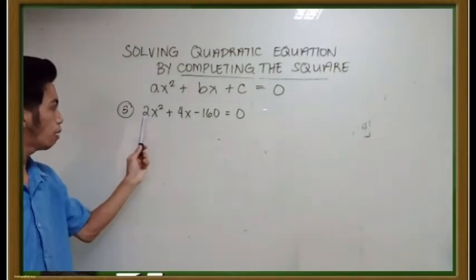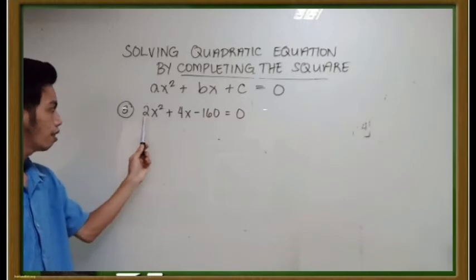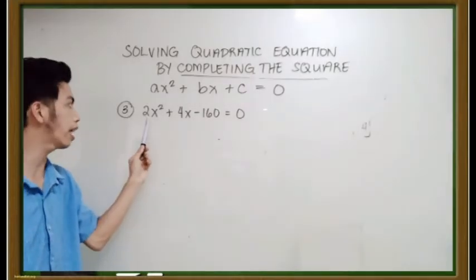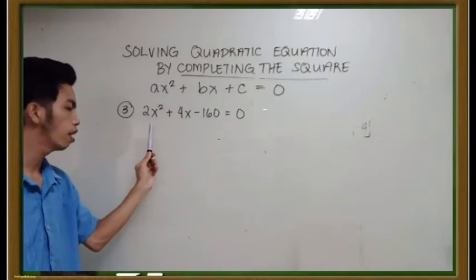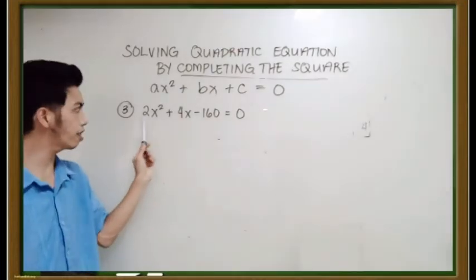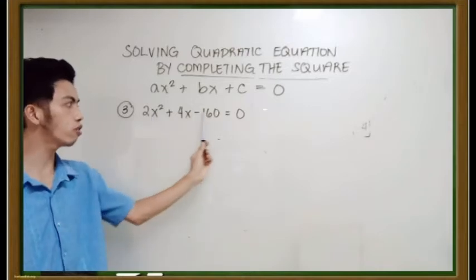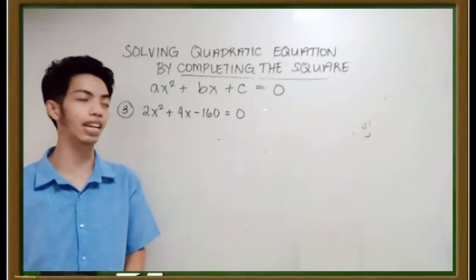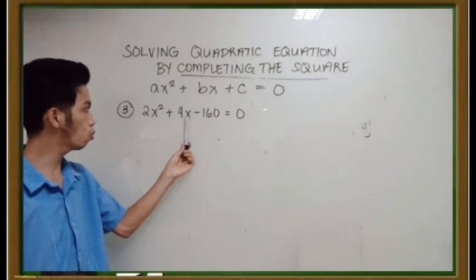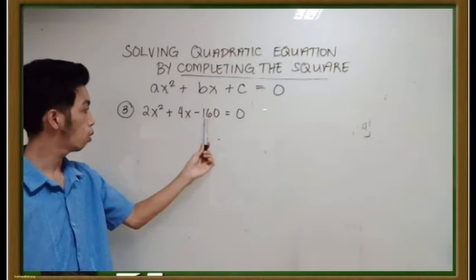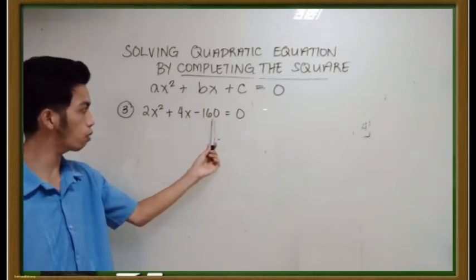Now, kung mapapansin nyo, this is divisible by 2, pwede siyang mawala kung i-divide natin siya sa 2. Now, hindi ka pwede mag-divide dito lang. Tingnan natin dun sa ibang term kung divisible din ba sila sa 2. 4x is divisible by 2. And then, 160 or negative 160 is also divisible by 2.